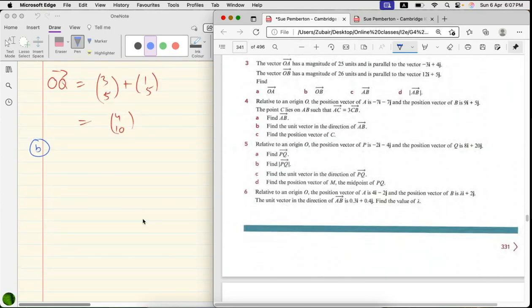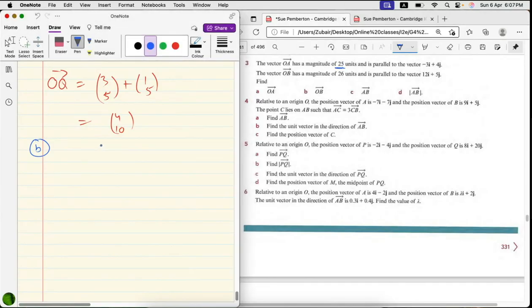Question number 3 says the vector OA has magnitude 25 units and is parallel to this. Vector OB has magnitude 26 units and is parallel to this. Find OA. Magnitude of OA is 25 but it is parallel to minus 3, 4. First of all, the vector minus 3i plus 4j has magnitude square root of 3 squared plus 4 squared, that's 5.